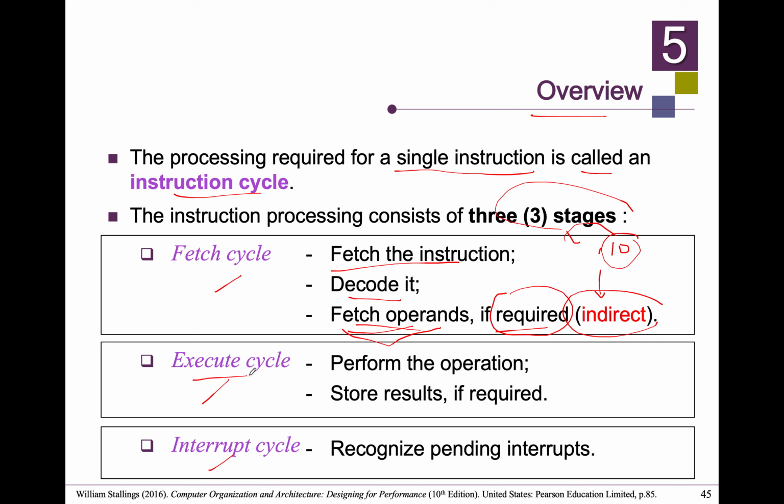And next is your execute cycle, perform the operation. So let's say you have MOV EAX, 10: you're going to fetch the instruction first and then decode it.